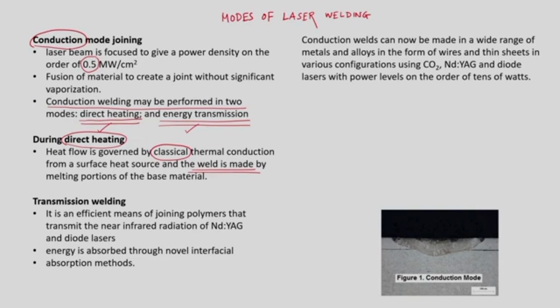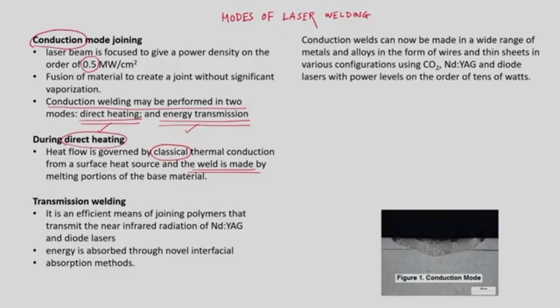However, in transmission welding, we use some other material, some innovative way to transmit the heat energy inside the work material. For example, some sort of ink absorbs the laser power, gets heated, and then dissipates the heat energy inside the work material. That we call transmission welding.